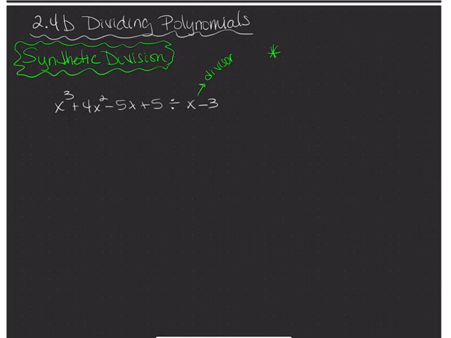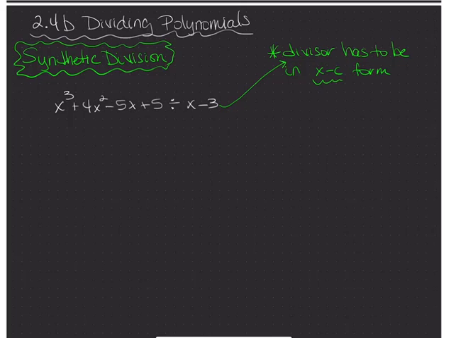Our divisor has to be in x minus c form. That's our divisor, and it has to be in that x minus c form.